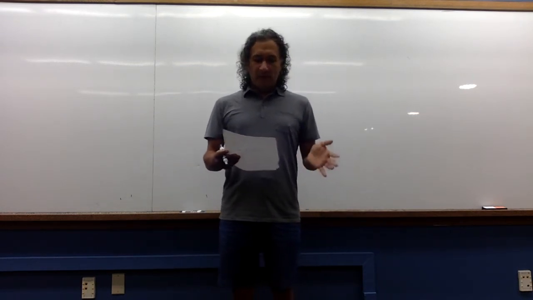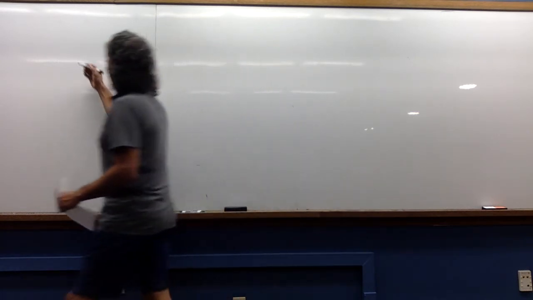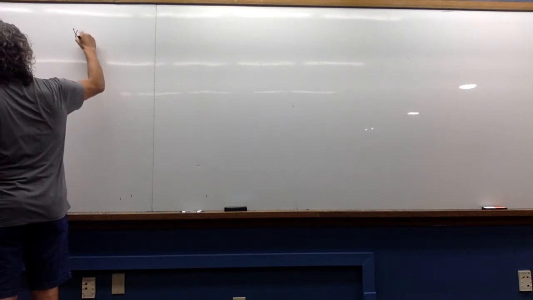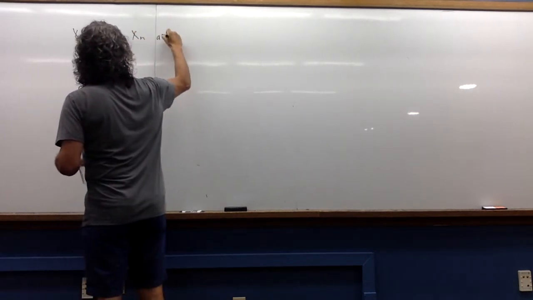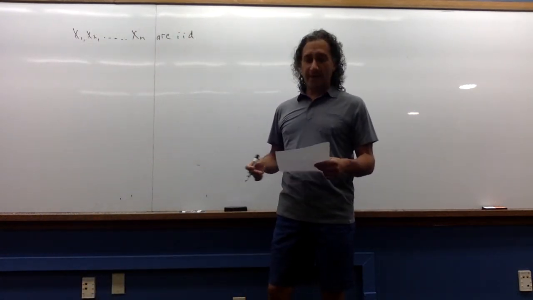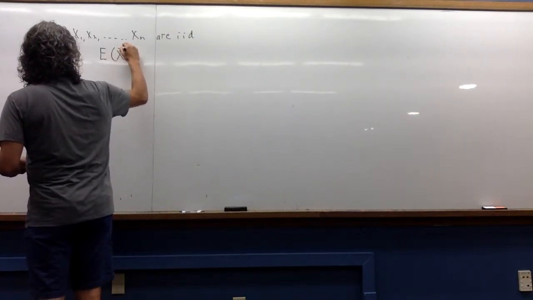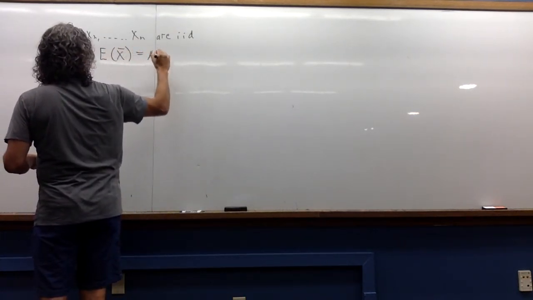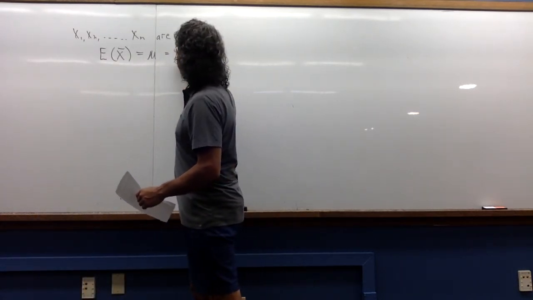Well, before I actually state it, let's do a little bit of a recap. We know that if x1, x2, up through x of n are independent and identically distributed random variables, we know from last time that the expected value of x bar is mu, or you could denote this as mu sub x.